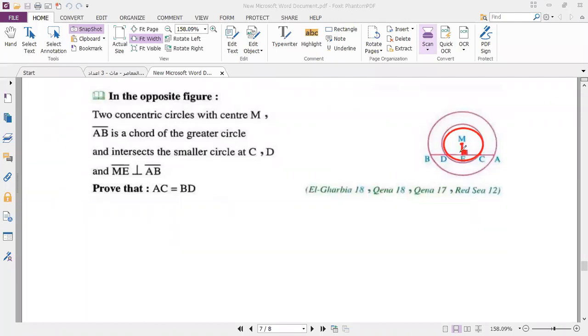So from the smaller circle, EC equals DE. In the smaller circle, we have ME perpendicular to DC, the chord DC here. So E is the midpoint.